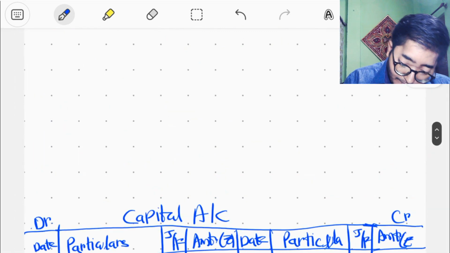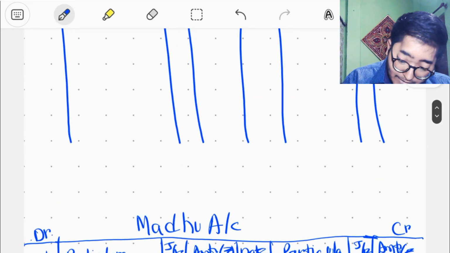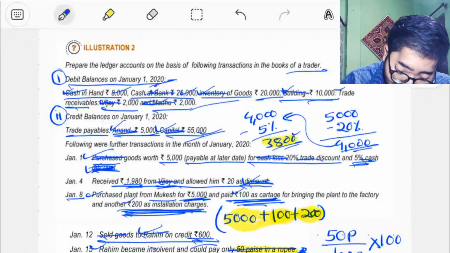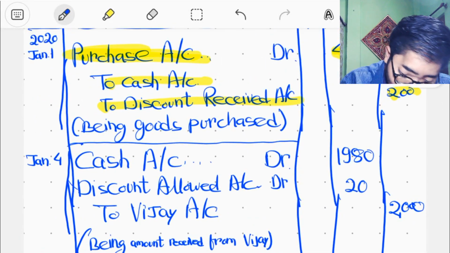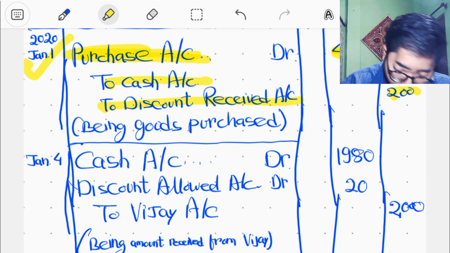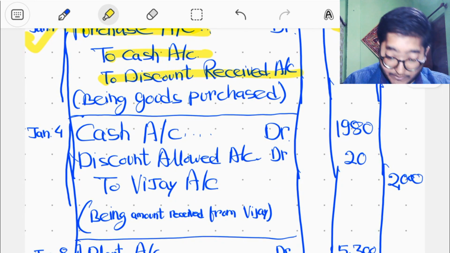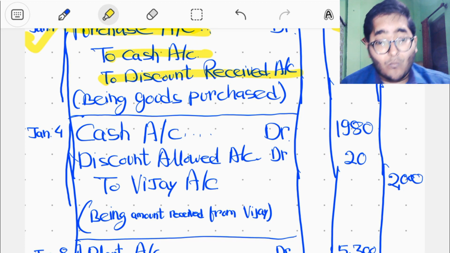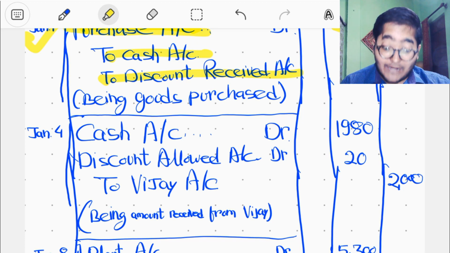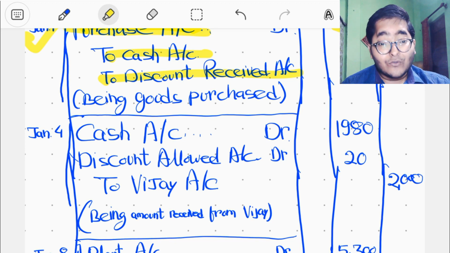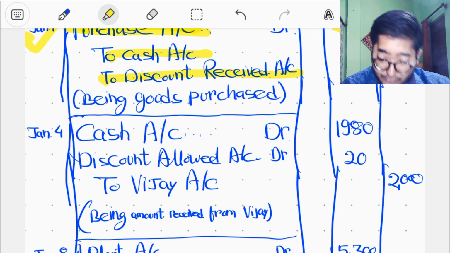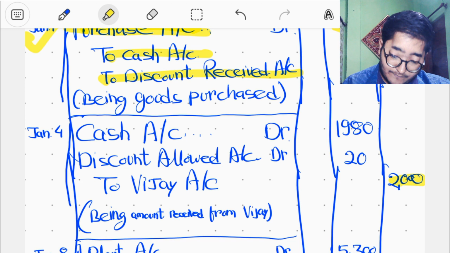Now it's time for our next transaction. This transaction is over. Now, January 4th, cash account debit 1980, discount allowed account debit 20, to Vijay account 2000.